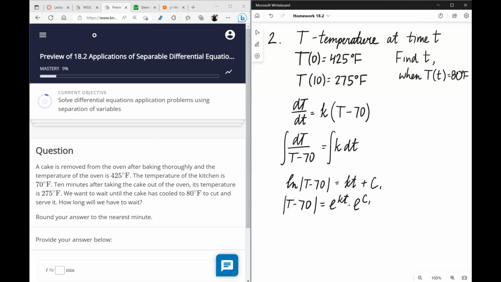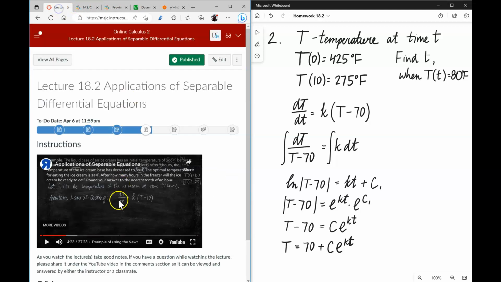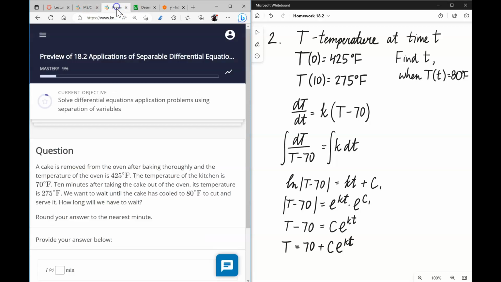And T minus 70 is always positive because the temperature of the cake is always above 70 degrees, so we can just drop the absolute value. We have some constant here. And the final step is we just add 70 to both sides. And we can just compare this with the lecture. We follow the same steps as in the lecture, right? So there's nothing really new here.